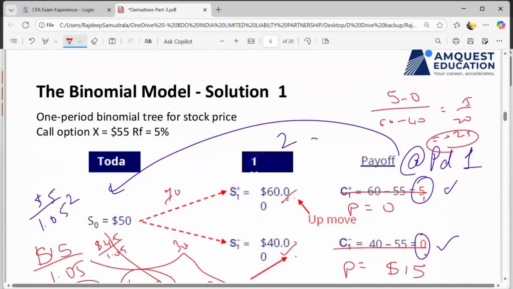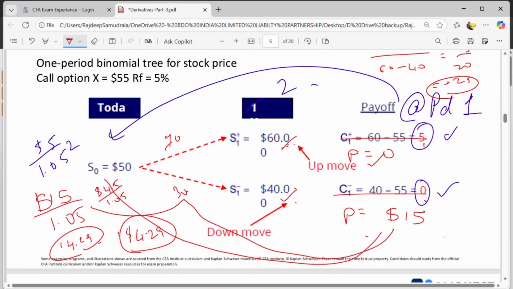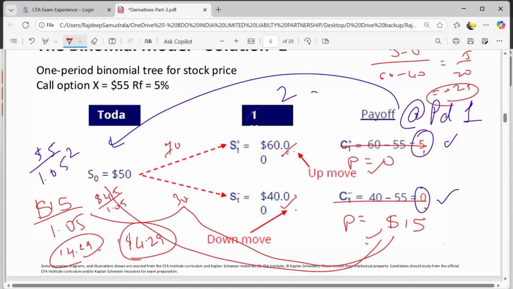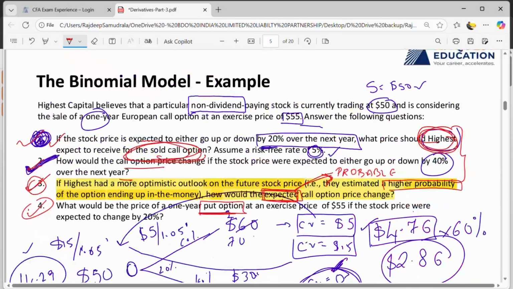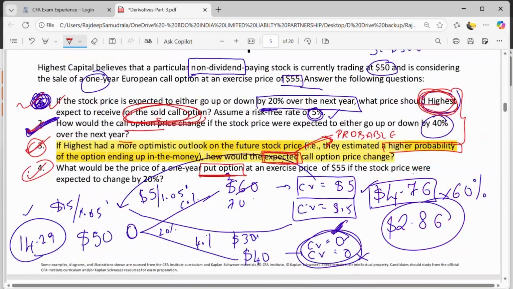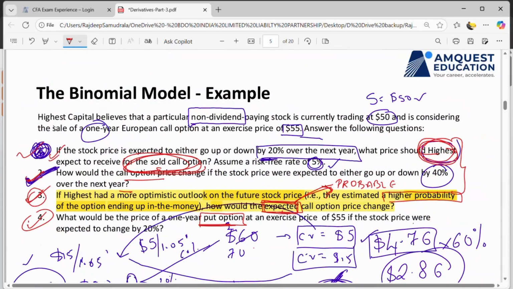So if you see this answer I gave you, the answer was without probabilities because this is the highest price they were expecting without assigning probabilities. It means worst case scenario. So therefore in 1 and 2, I have not used the probabilities.